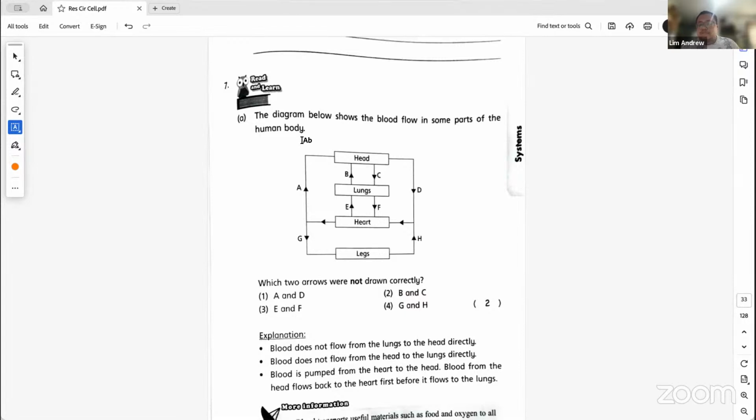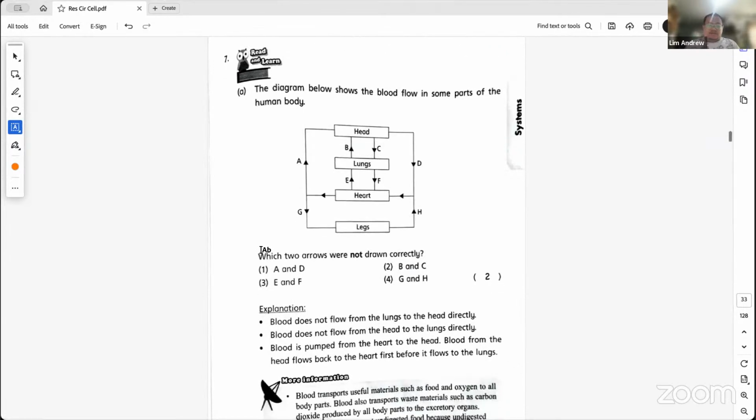The diagram below shows the flow of blood in some parts of our body. So we have the head, the lung, the heart, and the leg. Which two arrows are not drawn correctly? To do this question, always remember the flow: heart to all body to heart to lungs to heart.